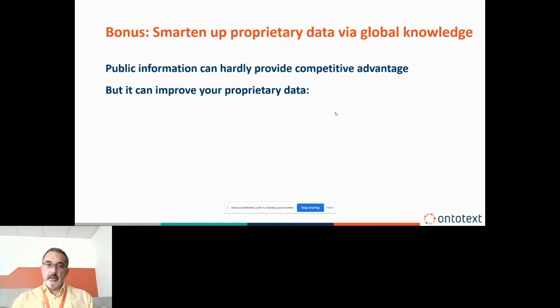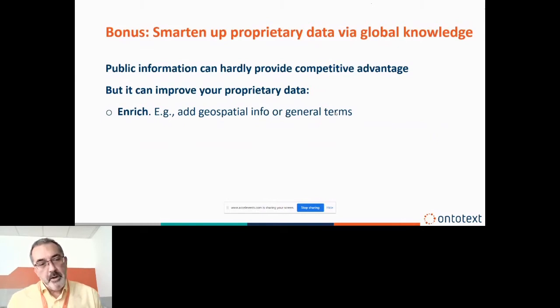But global data and public data or commercially available data can improve your proprietary data in several ways. They can enrich the data so that you don't have to maintain your own tables with all cities in the United States or North America or Latin America or Africa. That's worthless.